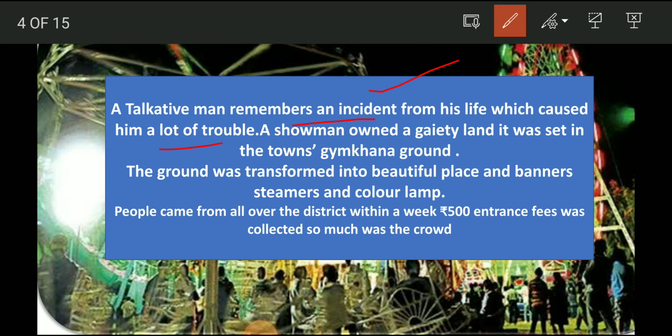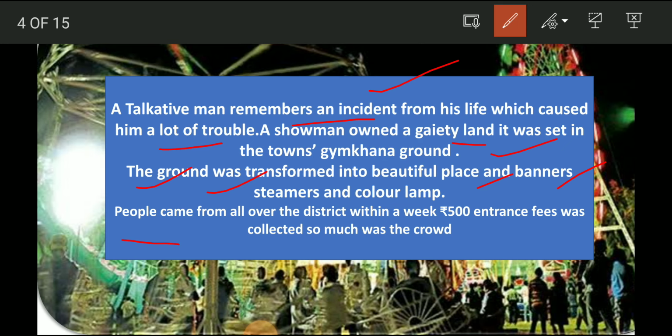Now a showman owned a Gaiety land. That is his exhibition, which has fun games, eatables and things like that, where people can relax and enjoy. This came to their town's Gymkhana ground. Overnight, the ground was transformed into a beautiful place with banners, buntings, streamers and colored lamps. It became so popular that people from all around the district came to that exhibition.